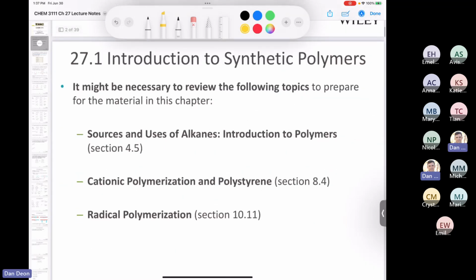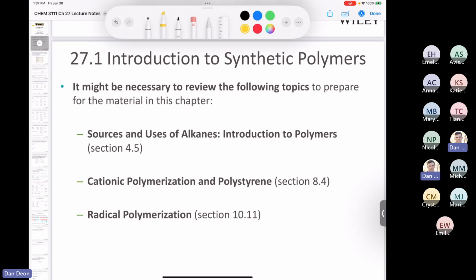Before you begin this chapter, you probably noticed this when you read the chapter before coming to class today, that it might be a good idea to review some alkane chemistry and see where the monomers come from. And then cationic polymerization of polystyrene, that was mentioned in section 8.4. I wouldn't say it's 100% necessary for today, but as long as you have an idea of how a pi bond can behave as a nucleophile, that would be good enough.